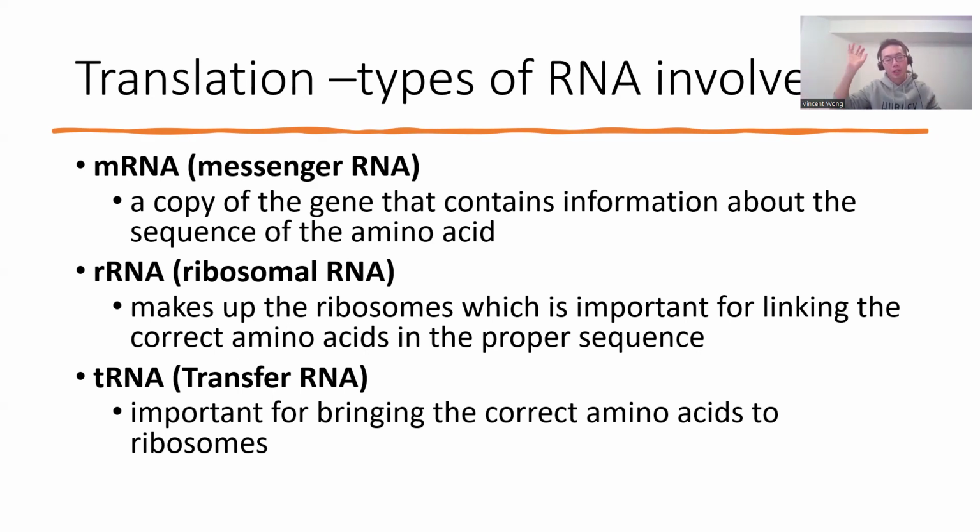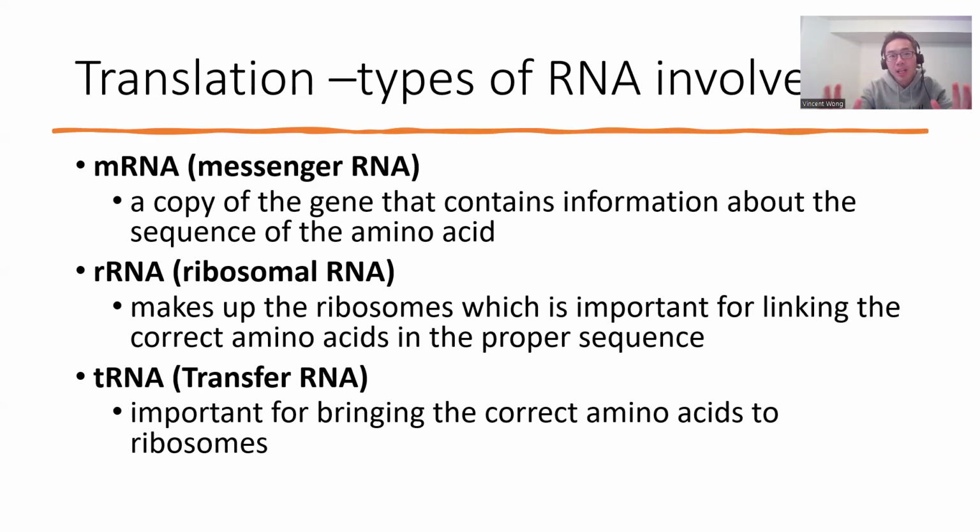So we did the transcription to create the messenger RNA, and we did some RNA processing, right, to make it ready. So we took away the non-coding introns. We glue together the exons.